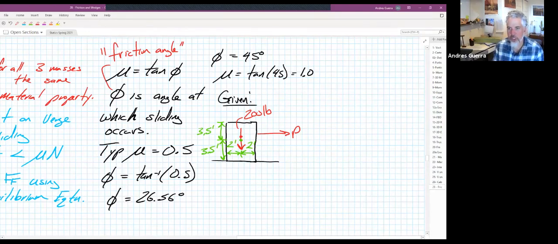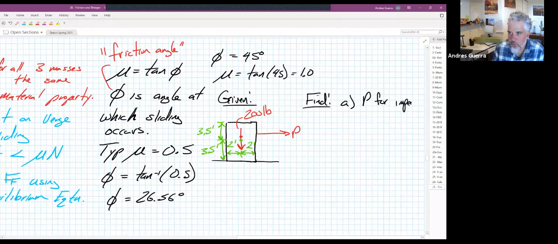I'm going to leave some room below this so we can draw our FBD on top of our given information. For this problem, we are asked to find, in part A, P for impending motion, and in part B, we would like to find H so it tips and slips at the same time.